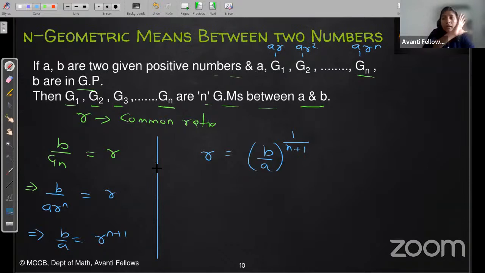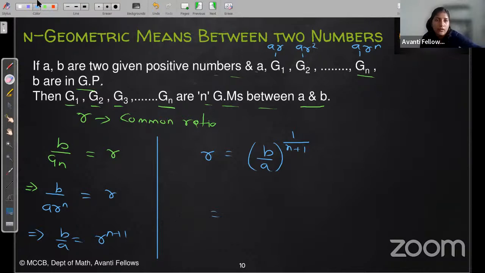So if you shift the power to the other side, it becomes a root. So the nth power, if you shift it to the other side, will be the nth root, okay? It's a law of exponents. So this is the value of R now. Now, what will Gr be equal to? If Gn is equal to A into R raised to n, okay, I'll take another term other than R.